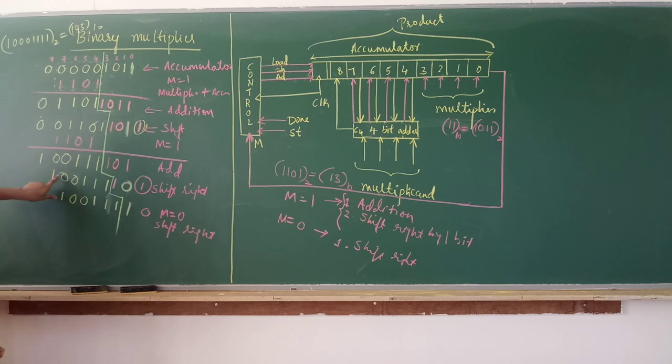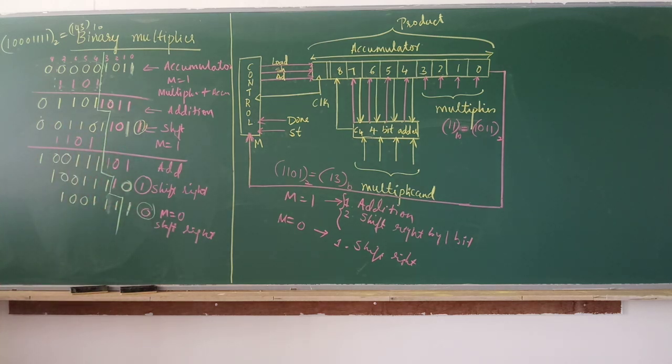Is that correct? So 4 ones, 1, 2, 3, 4, and 2 zeros and 1, 1, correct? So 1, 2, 3, 4, 5, 6, 7. This has one more bit I've missed.